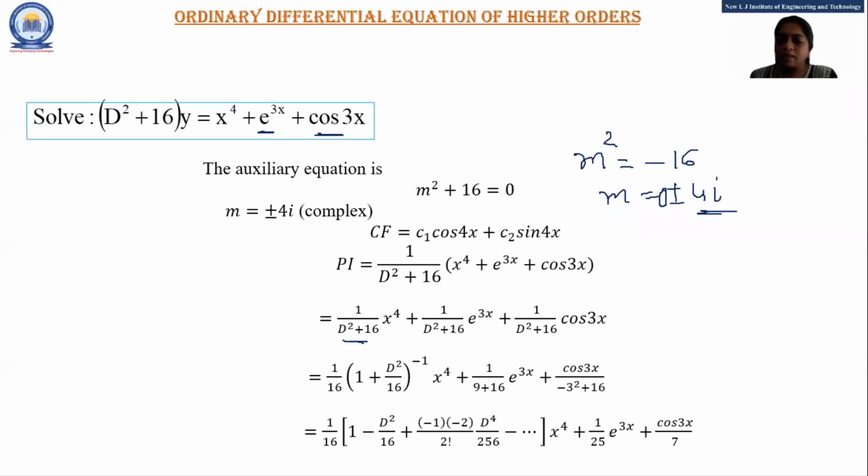Now for the second term, the exponential term, as per the rule of case 1, I have to just replace my multiple of x in the d, whatever d is there, d square, d cube. So I replace the multiple of x, that is 3, in this d square. So 3 square, so 9 plus 16 in the middle term.